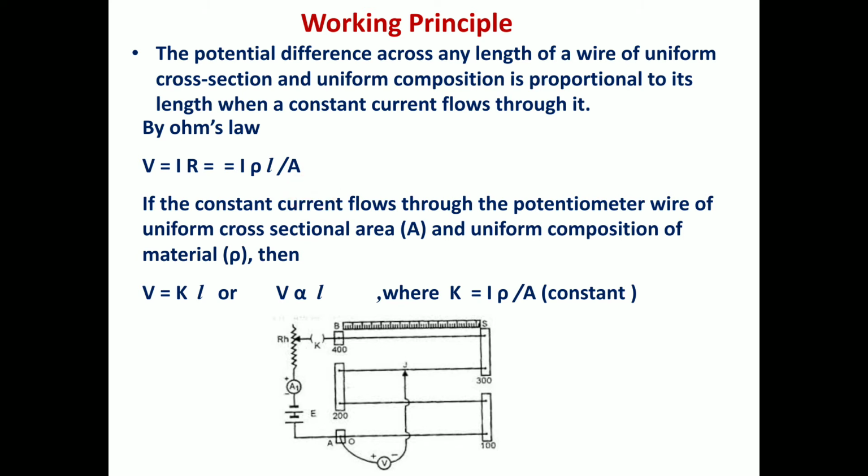So if we replace this constant I rho by A with another variable k, then we get V is equal to k times L. So V is proportional to L. This is how we can mathematically verify this principle of the potentiometer. I is constant, rho is constant, A is constant. In that case, V is proportional to L.